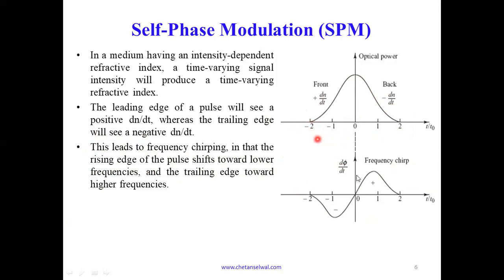After this chirping takes place, your frequency spread will not remain between f1 and f2, rather it will spread from f1 minus delta to f2 plus delta. So the overall pulse width will spread in the frequency domain, which is called dispersion. So this is how self-phase modulation works.